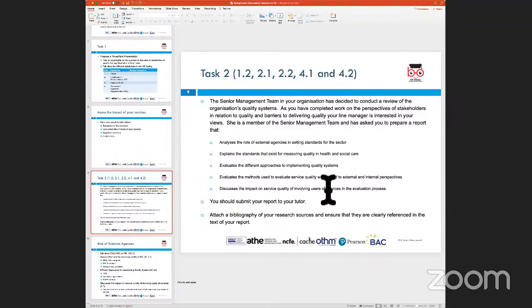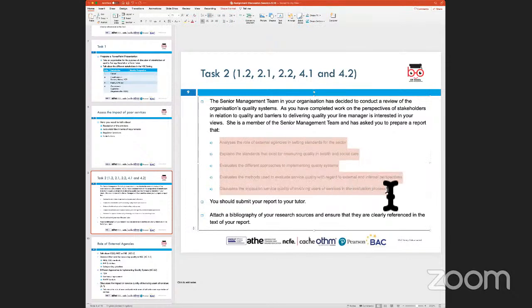And as the work has to be completed, what you are required to do now is to help the senior management team, SMT, in order to prepare a report. And the preparation of the report is basically looking at you writing evidence for these tasks, which are given as bullet points A to E, which are essentially assessment criteria 1.2, 2.1, 2.2, 4.1, and 4.2 of the assignment brief.